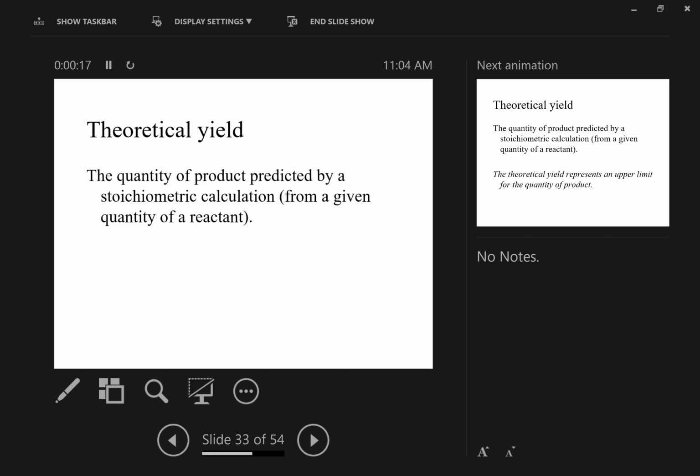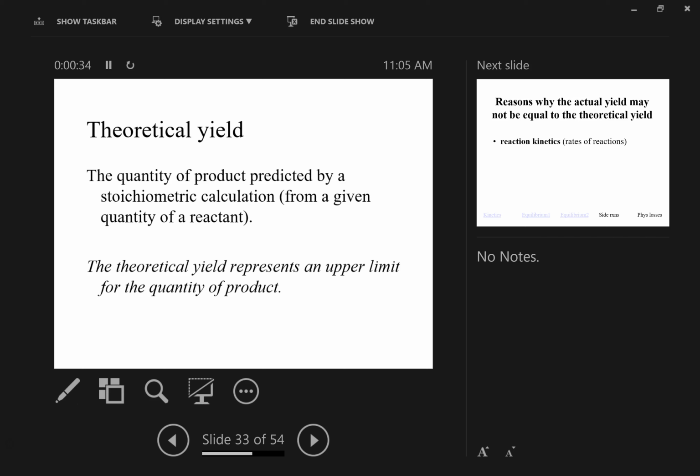Now, I don't know about you, but when I think of the word theoretical, I think, that's what it's supposed to be. It's theoretical, okay? So theoretical yield is just, like I said, calculating the mass of a product based upon a stoichiometric calculation. Now, the theoretical yield, as it turns out, is generally an upper limit to what you can get back.